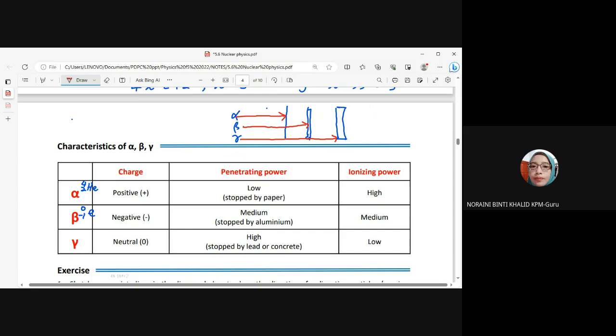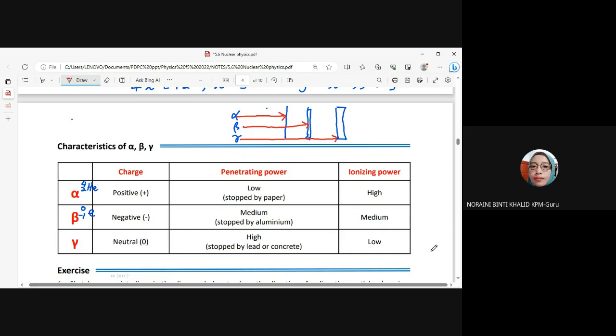So for alpha, the ability to produce ions is high due to larger mass. For beta, medium, because it still has mass, but smaller. For electromagnetic wave or gamma, low, or we can say ionizing power nearly zero, not able to ionize the air molecule. Okay, itu ialah characteristics of alpha, beta, gamma.